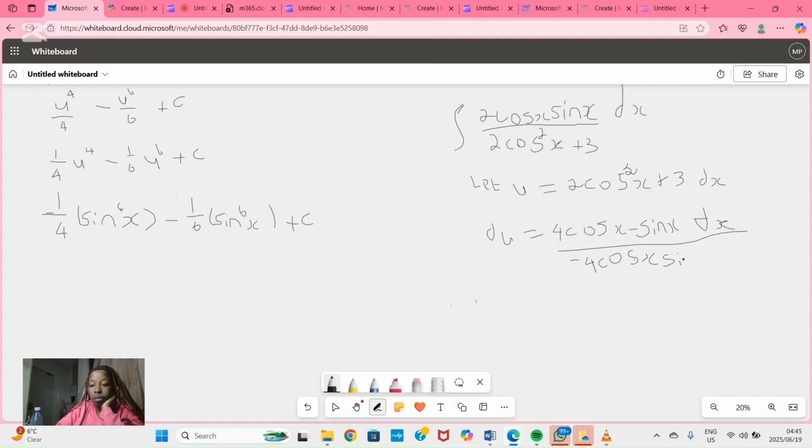Then we're also dividing on the left hand side, negative 4 cos x sine x.